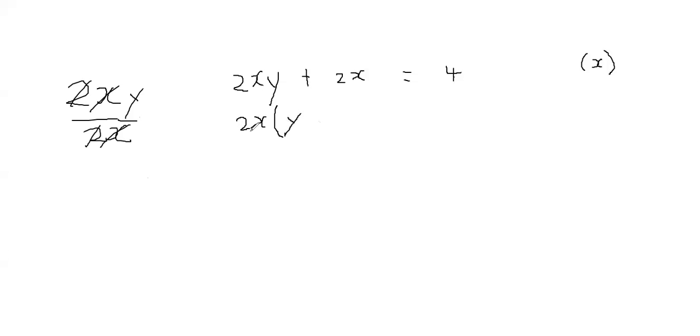Now we say 2x into 2x. This will give us what? This will give us 1. Because anything dividing itself, or going into itself, will give us 1. Look at this: 5 into 5, how much do you get? 1, right?